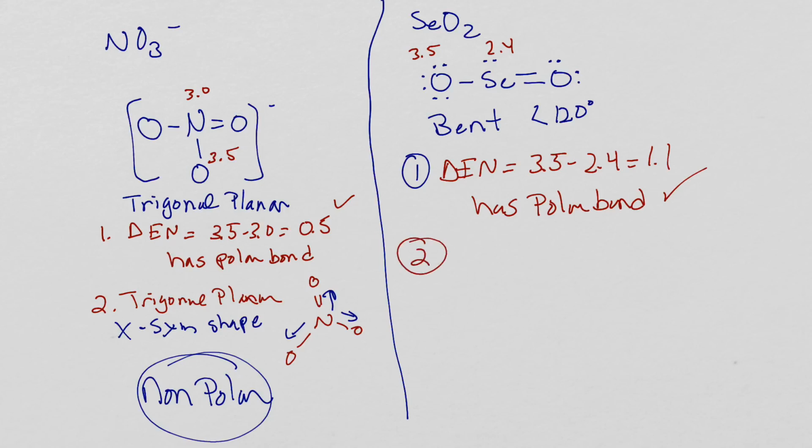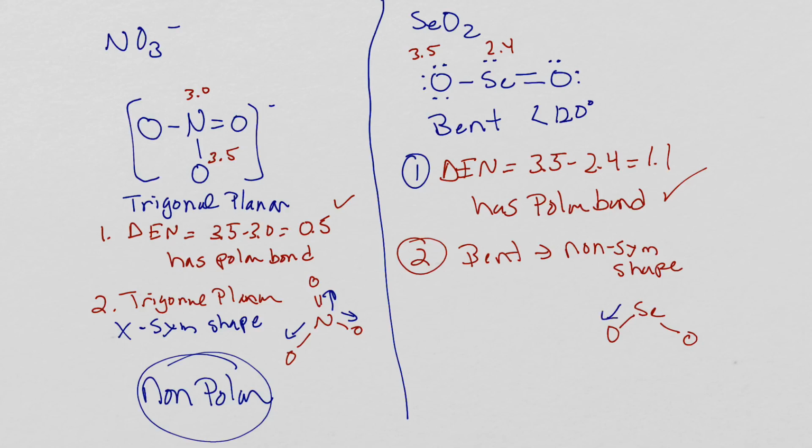In terms of the symmetric shape, if we look at bent, bent is a non-symmetric shape. No matter how we do this, the arrows won't cancel out.